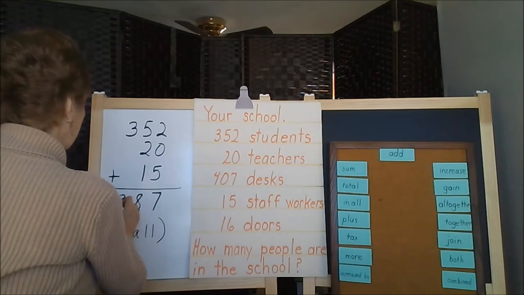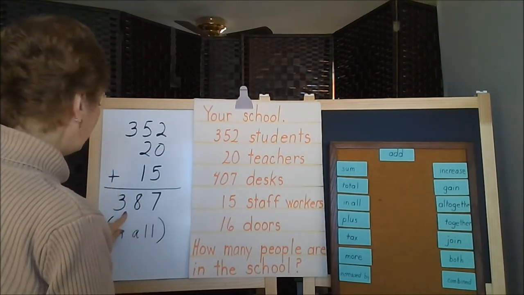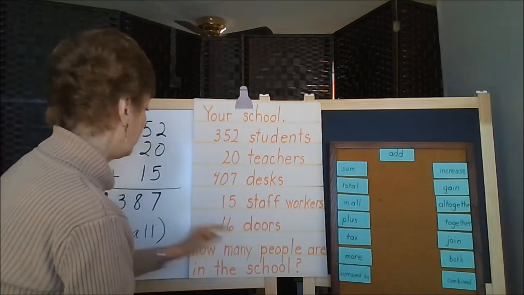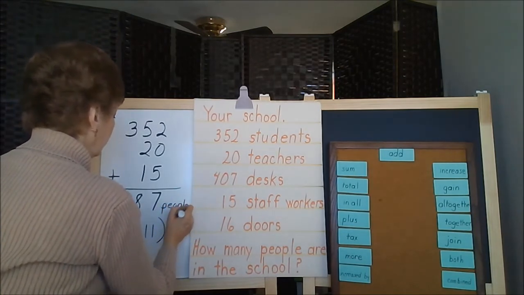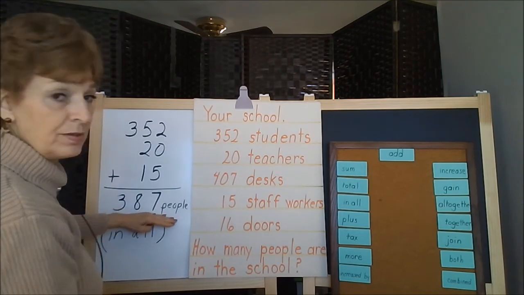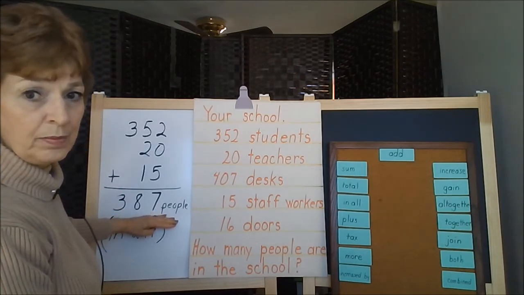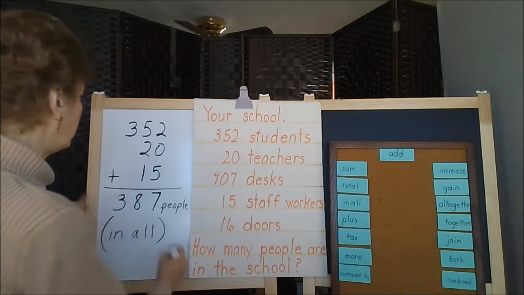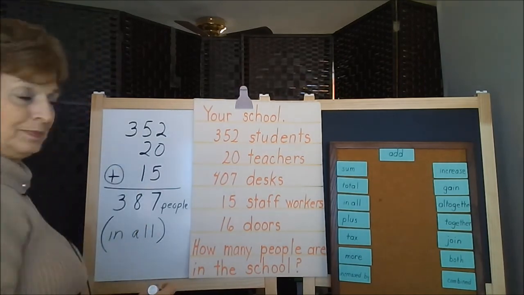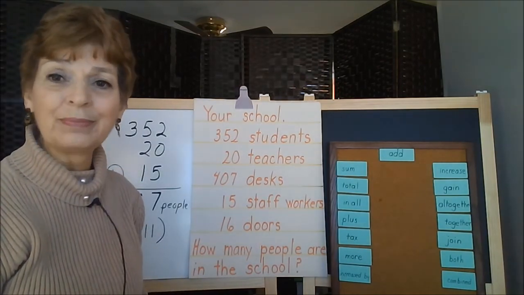You just bring it down. There are 387 people. This is the label that the classroom teacher would be looking for, people, but this is the clue that told us to add. Problem complete.